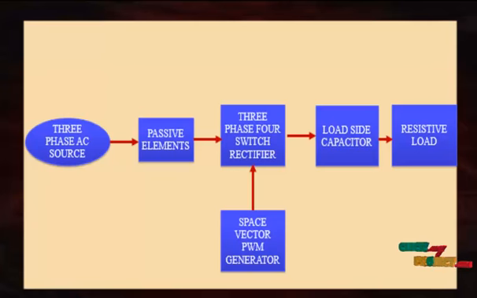It regulates the input power factor to unity, stabilizes the DC link voltage and also reduces the filtering capacitor size. Generally, space vector pulse width modulation has been proposed as a switching scheme for these converters.